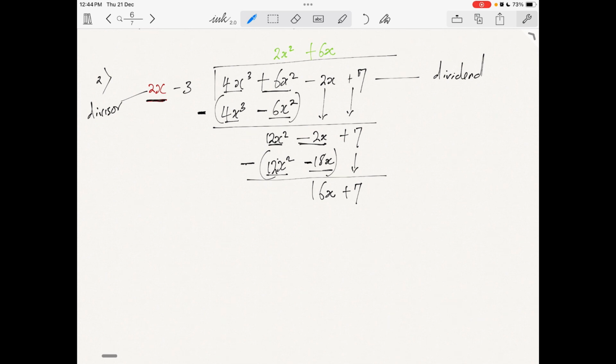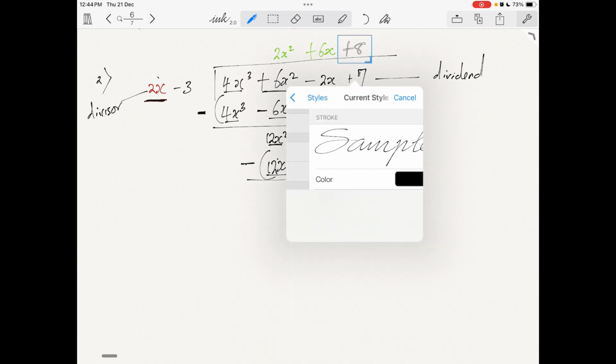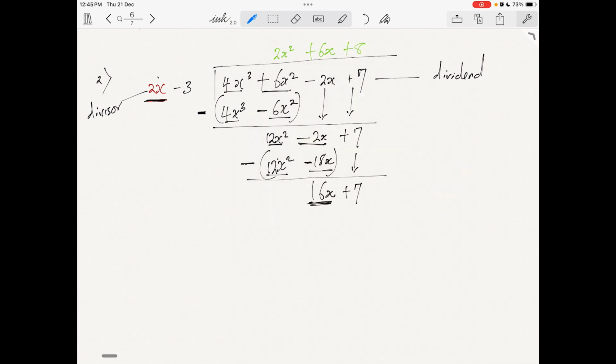We are dividing the first term of the result by the first term of the divisor. So we are saying 16x divided by 2x, and that will give us 8. So we add the 8 here, plus 8, and afterwards we multiply the whole of 8 with the whole of the divisor.